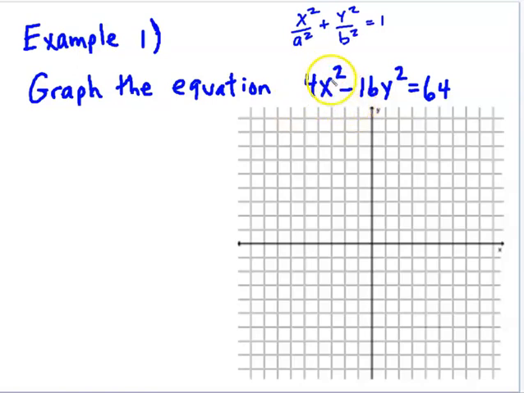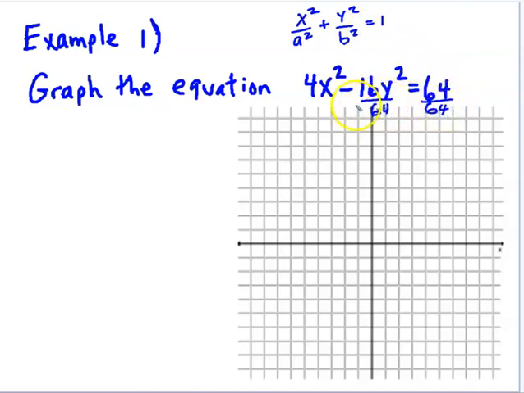Okay, so before we draw other distinctions between these two, here's a similarity. We do have to make the equation equal to 1 for this to be in standard form, the form that we graph from. That was true also for ellipses. So the first thing I'm going to do here is divide everything by 64.